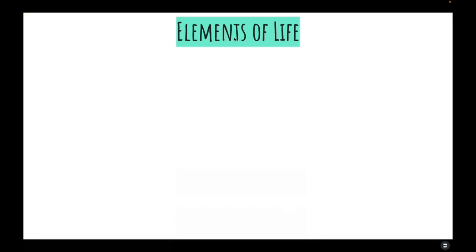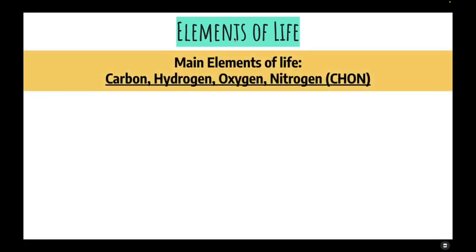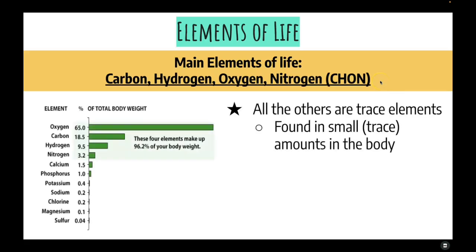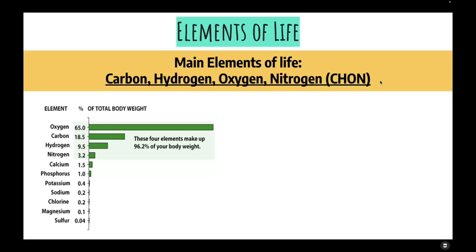All right, let's get into our elements of life, which are carbon, hydrogen, oxygen, and nitrogen. A key way to remember this is memorizing the acronym CHON. Basically, what you see most of is carbon, and it's the backbone of all organic molecules.